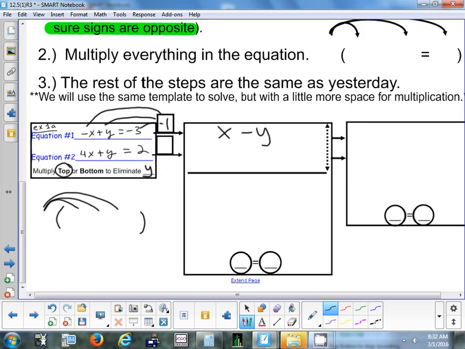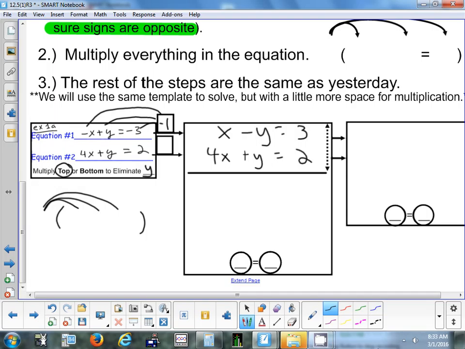And last thing, equals, I got a negative 3 and a negative 1. 3. Remember, don't forget the thing that's after the equal sign. All three things, negative x, positive y, negative 3. I don't have to do anything with this. All I'm going to do is just bring it over. Plus y equals 2.